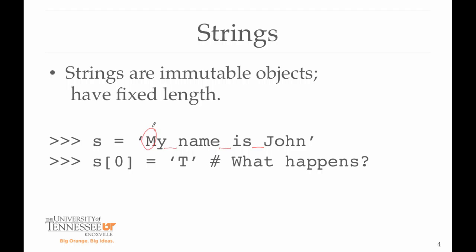Well, you would definitely get an error. And the interpreter hopefully would tell you in the message, and we'll see examples of this later, that the string is immutable. Such assignments are not allowable. Strings are immutable. Other data structures are mutable, but these are not.